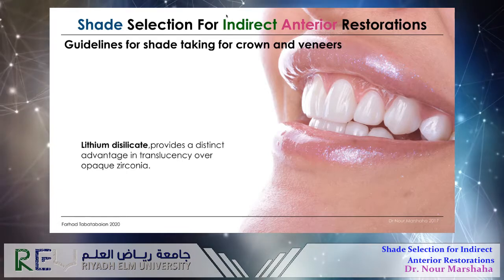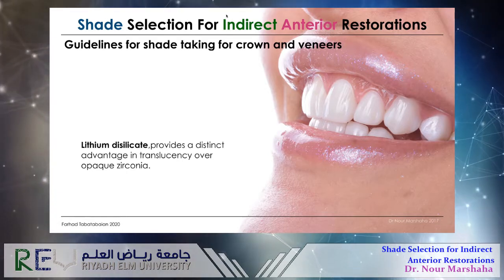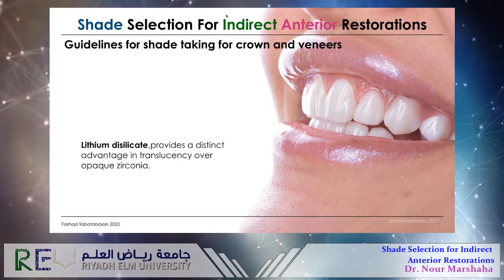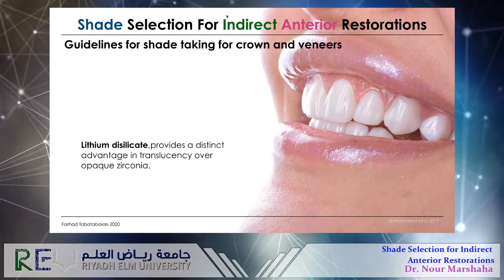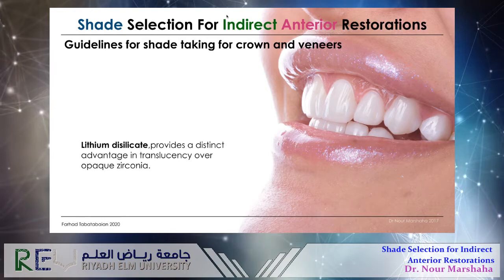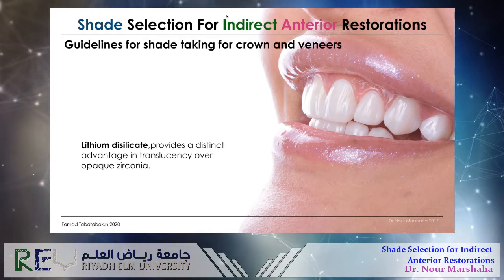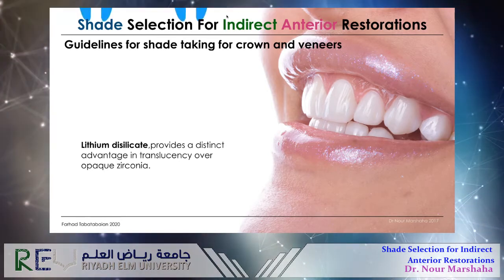Kittel said that core translucency is one of the primary factors that governs the aesthetic and optical properties of all-ceramic restorations. So, lithium disilicate provides a distinct advantage in translucency over opaque zirconia.